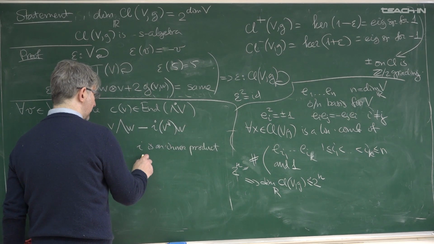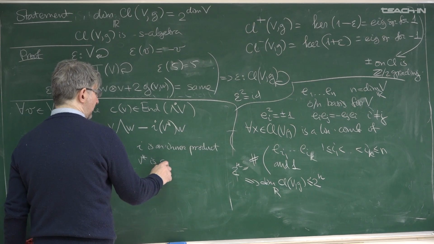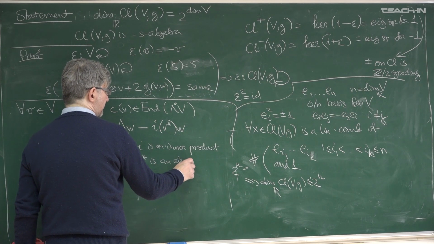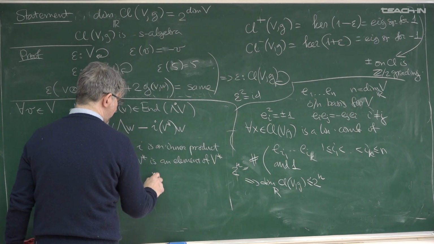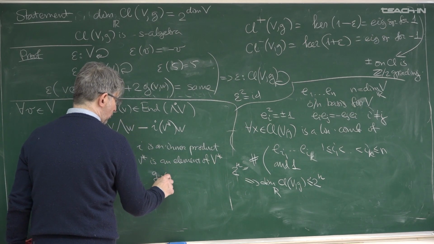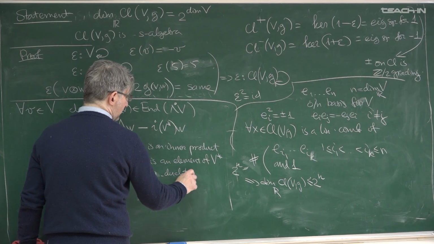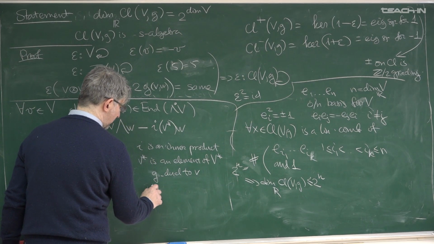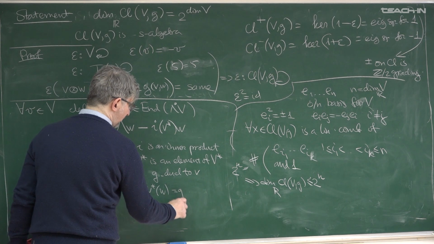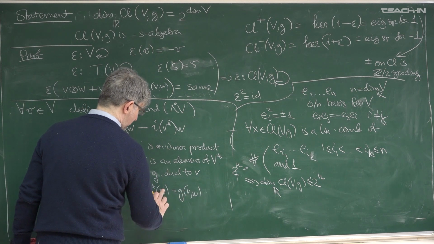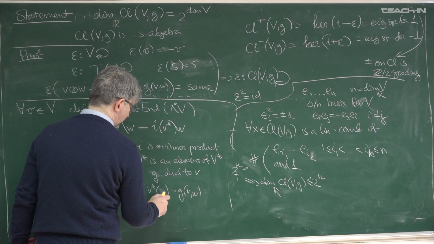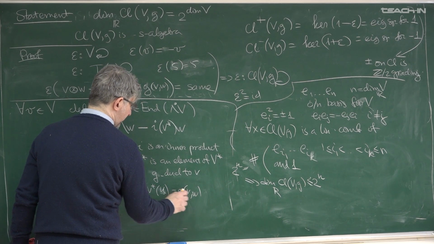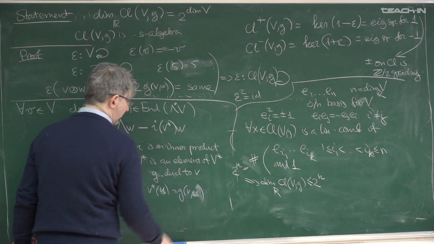So v star is an element of the dual space, dual to V, via the scalar product g. It means that v star of any w is the scalar product of v with w.